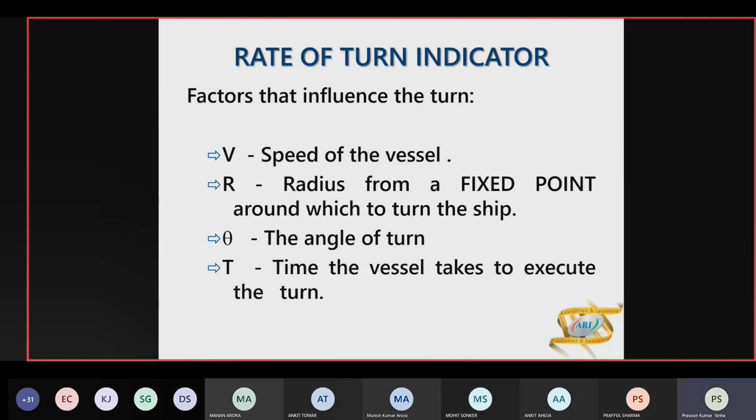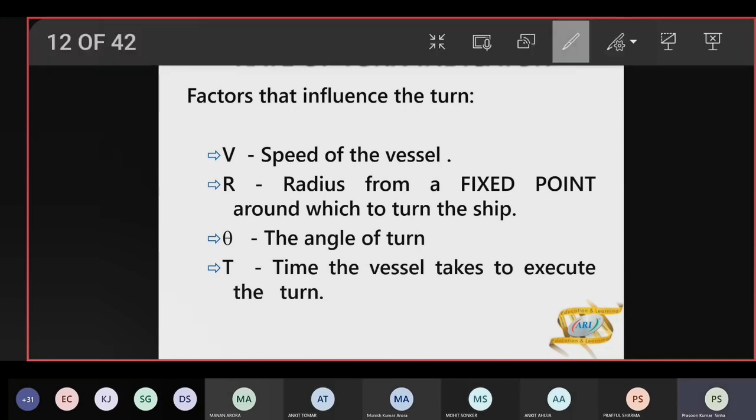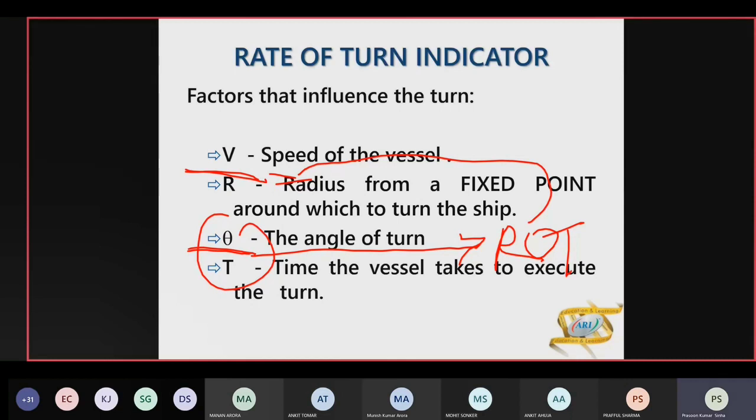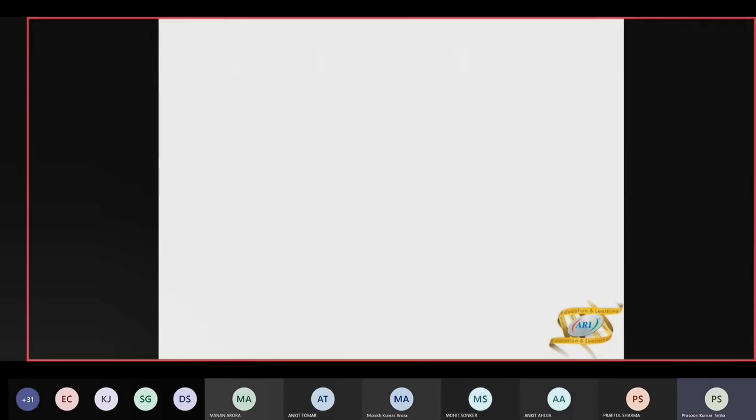We have already seen that angle of turn theta and the time taken, theta by t, is the ROT, which is given by V by R. Further on, you may see that derivation also.